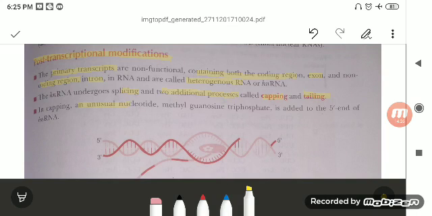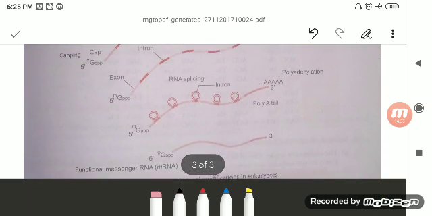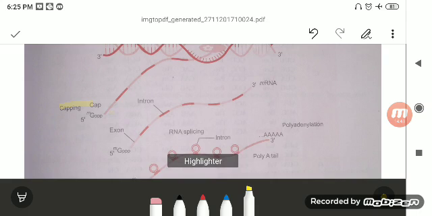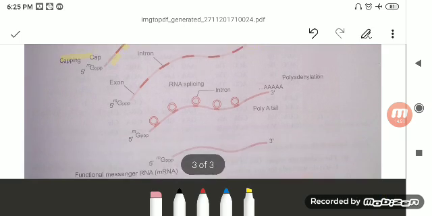In capping, the unusual nucleotide, methyl guanosine triphosphate, is added at the 5' end of heterogeneous RNA. Here you can see the exons and introns, that is your heterogeneous RNA, and you have to make it functional. The first process is capping, the second is your tailing.